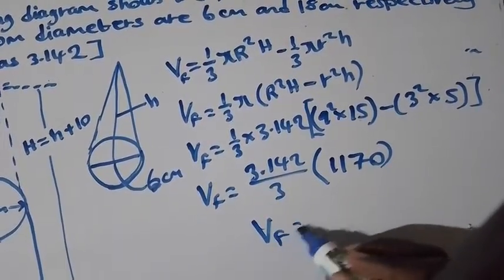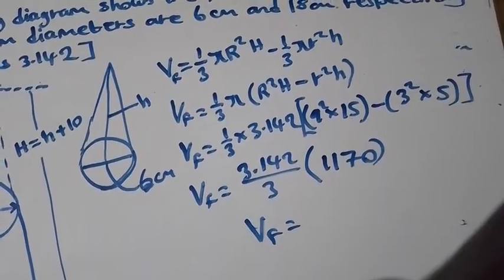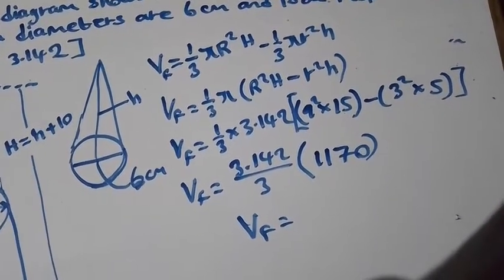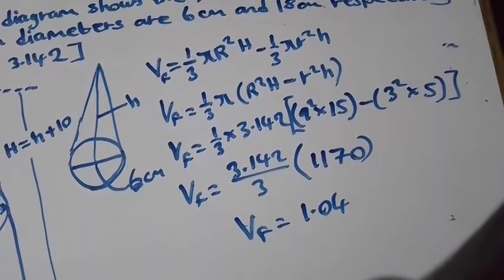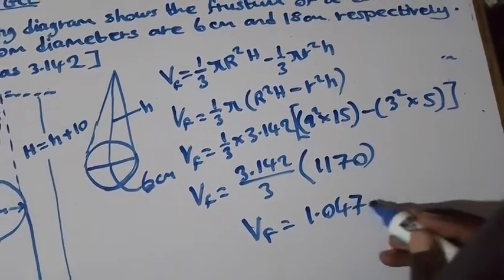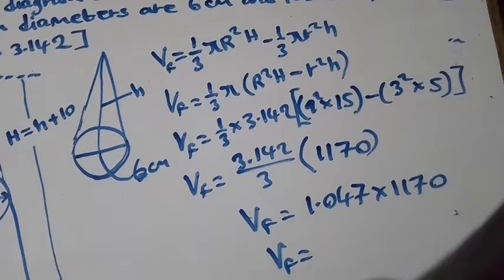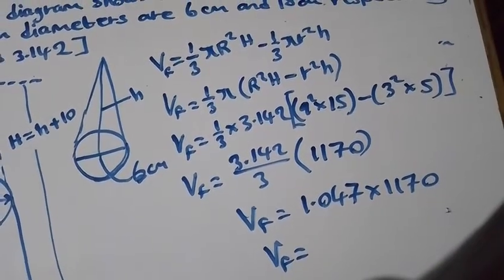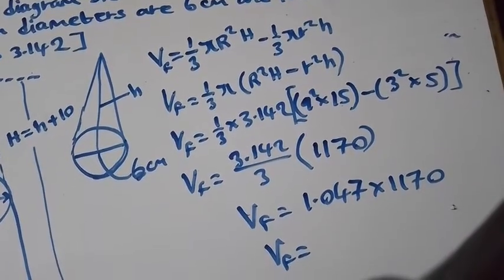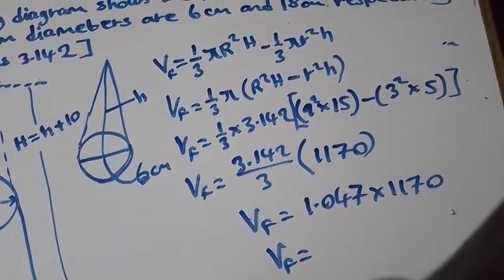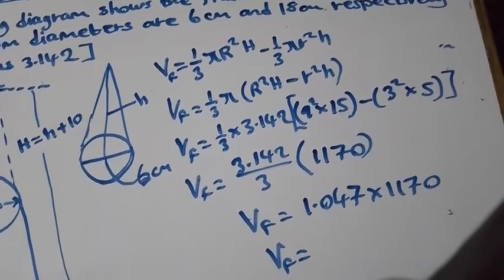Now we have to multiply this number by pi, or we divide the pi first by 3. So 3.142 divided by 3 is equal to 1.047. Then 1.047 times 1170.